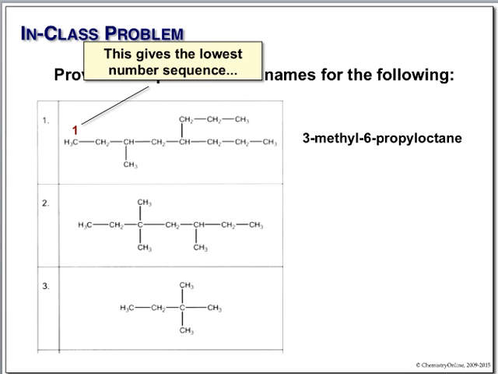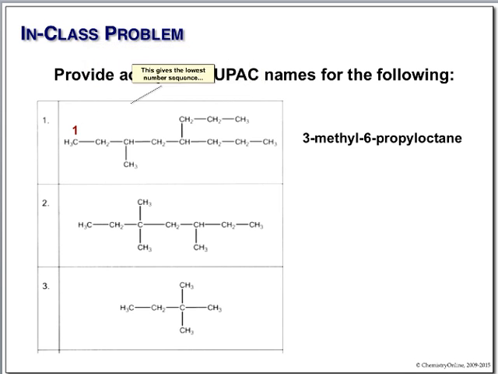We have 1, 2, 3, 4, 5, 6, 7, so it's a heptane, right? Now, we're going to number 1 at one end of the chain or the other. If we started here, our first substituent would be at 3. If we started here, our first substituent would be at 3, 3. 2 3s are better than 1.